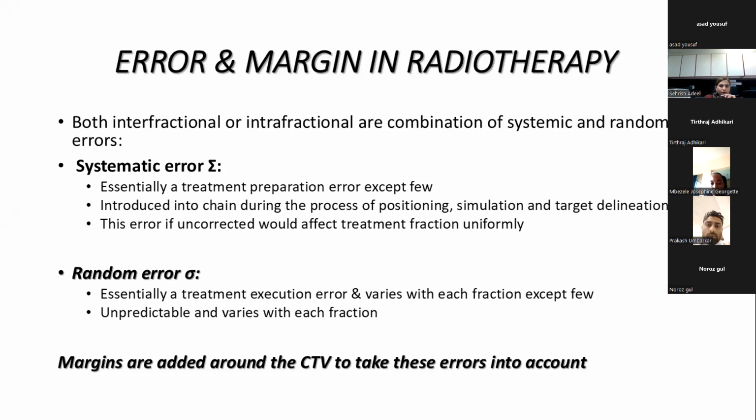This error, if uncorrected, would affect the treatment fractions uniformly, which means that a specific portion of the target area would get missed every day. The random errors are essentially treatment execution errors and vary with each fraction. So every day the error would be different, in a different direction. This error is unpredictable and varies with each fraction.